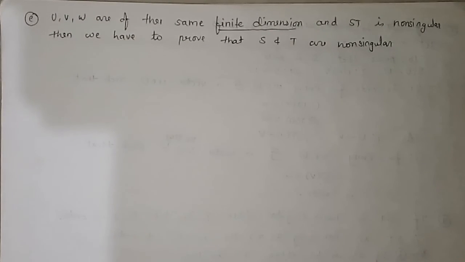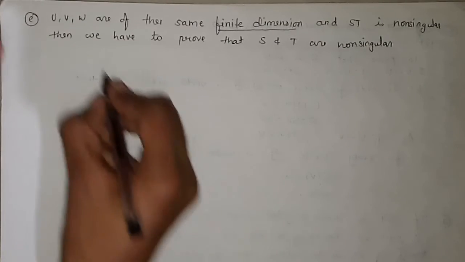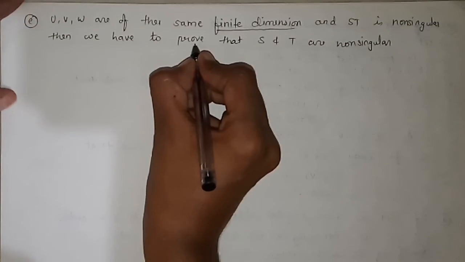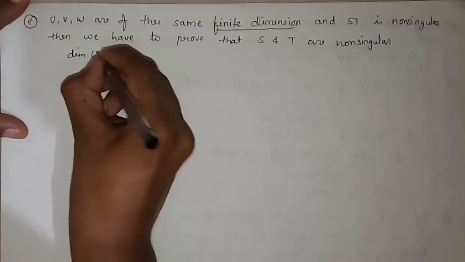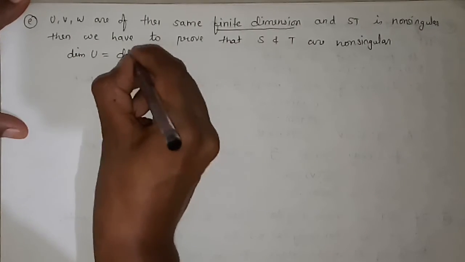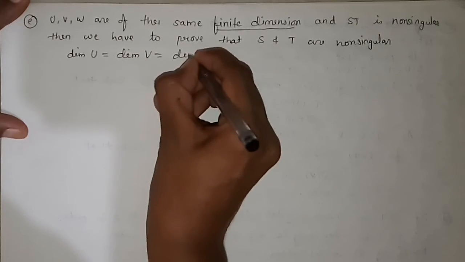So see, here it is given that U, V and W are of the same finite dimension. That means dimension of U is equal to dimension of V is equal to dimension of W.